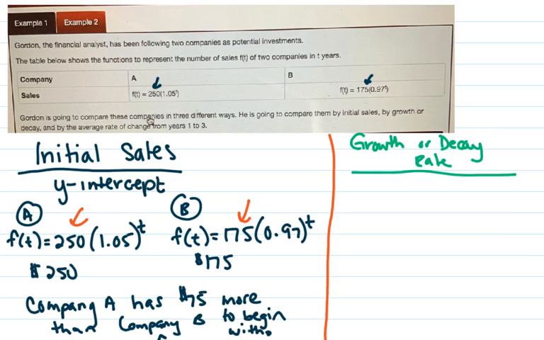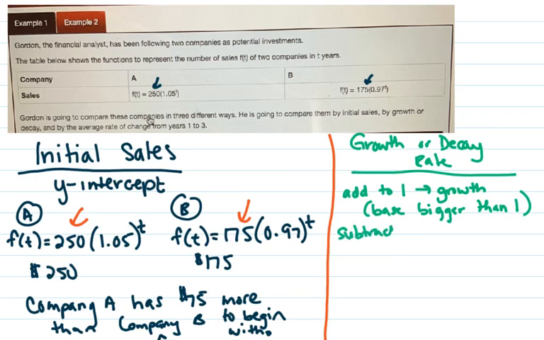If the number is added to 1, then it's growth. So that means that if your base is bigger than 1, if it's subtracted from 1, then it's decay.